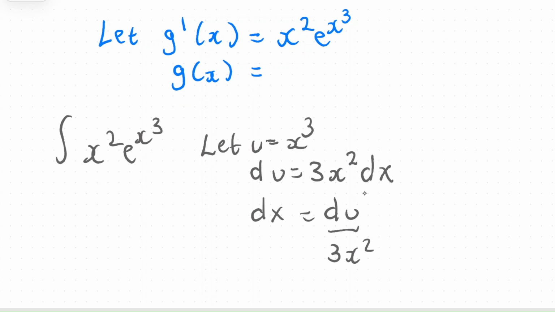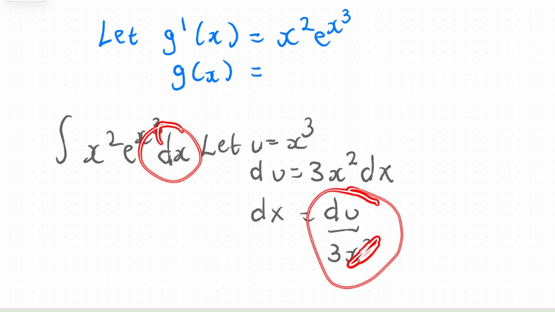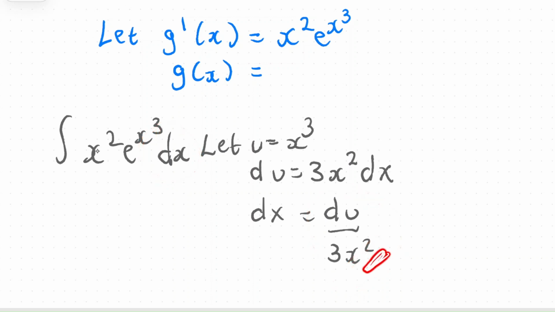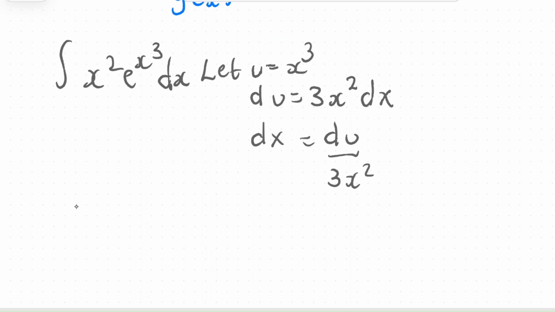So what I'm doing here is I'm just changing the subject of the formula, right? So it was first du, but now I'm changing it to dx, because whenever we do this integral, we basically want to substitute whatever dx value we have here for this to be able to cancel out x squared with the x squared there. So let's do that. We're going to rewrite the equation as x squared e to the power of x cubed times du over 3x squared, right?